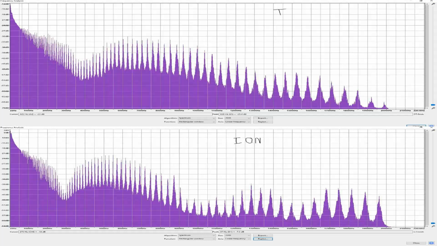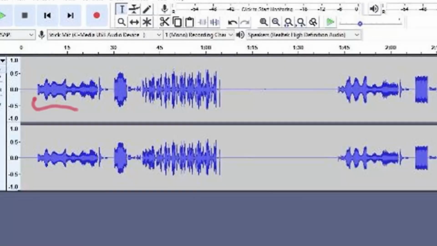The actual spikes are about the same height as the ones on the Sony trace, but obviously the mush is very much higher, and I don't understand that because the actual tape silence is the same or similar. So what is happening here? Anybody got any answers? Put them in the comments down below.